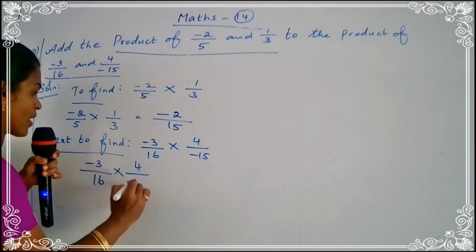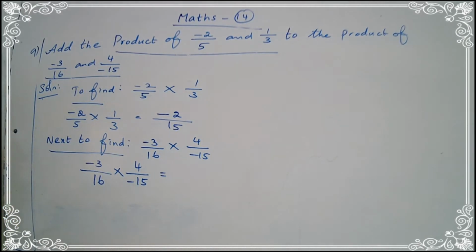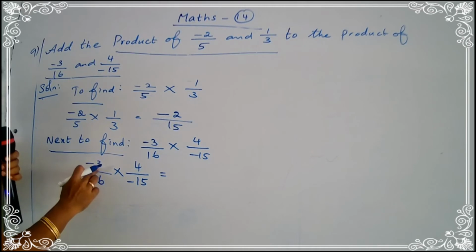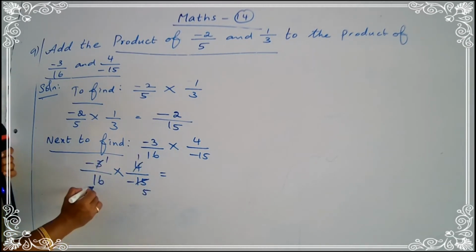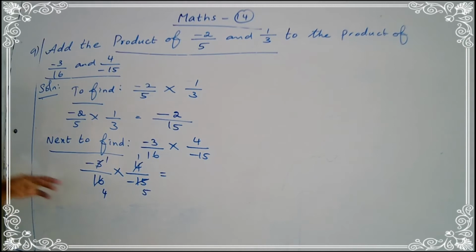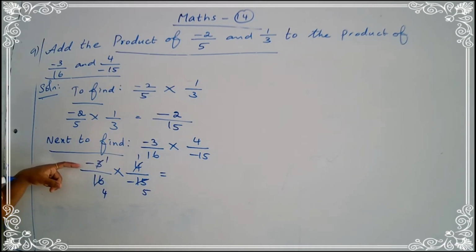Okay. Now you see, are there any common factors between numerator and denominator? Yes. 1 3 is 3. 5 3s are 15. 1 4 is 4. And 4 4s are 16. Yes children? Yes. Now the remaining numerators: here minus 1, here plus 1. So now you multiply numerator by numerator.